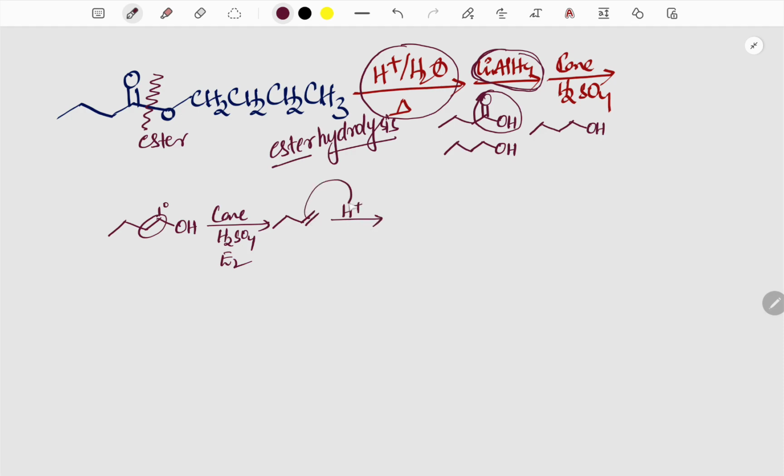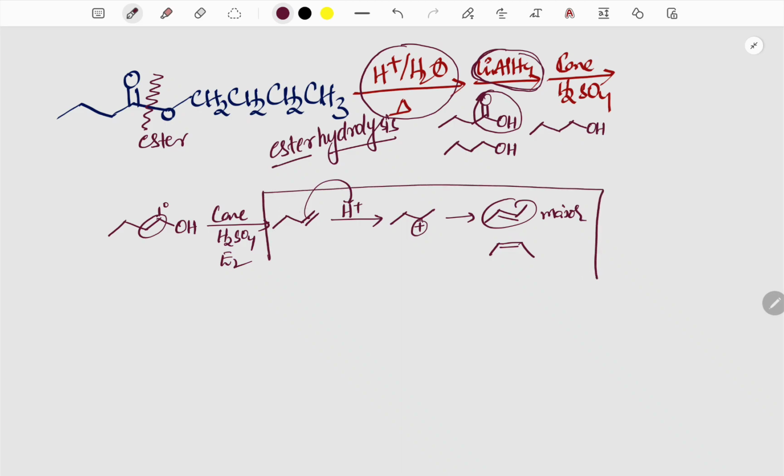In acidic medium, the alkene again reacts with H plus and forms a stable C plus, and finally it gives the corresponding stable alkene. And here the trans product is major. So initially E2 only, but after that it is alkene isomerization.